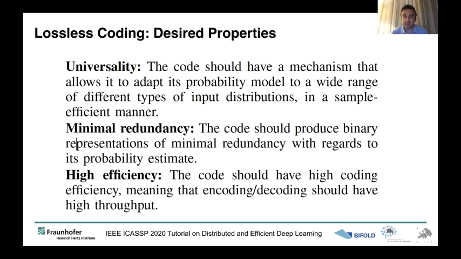You will see later a code which is very adaptive and very good for these situations. It should also have minimal redundancy, producing compressed representations, and it should have a high coding efficiency.